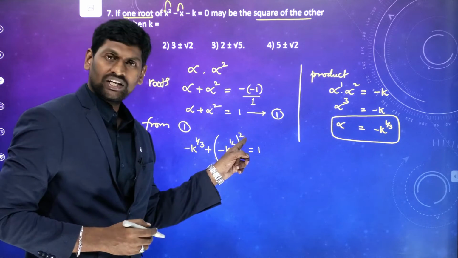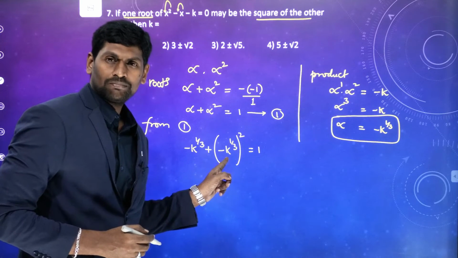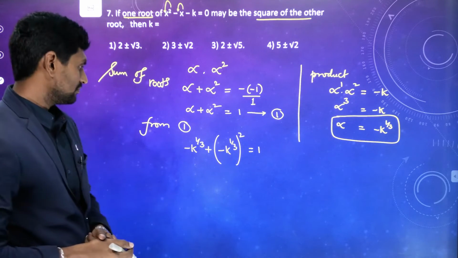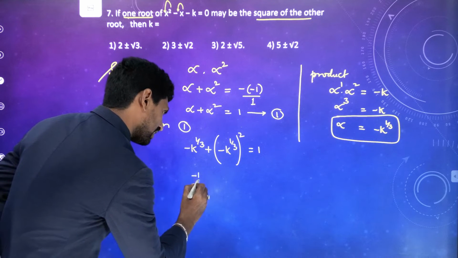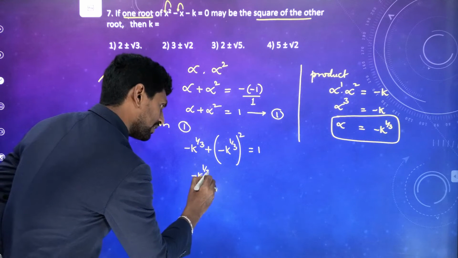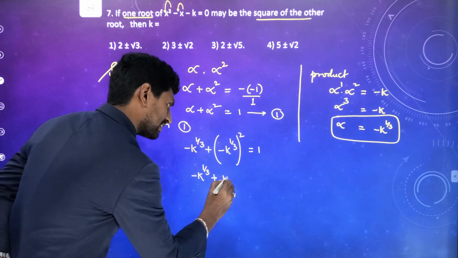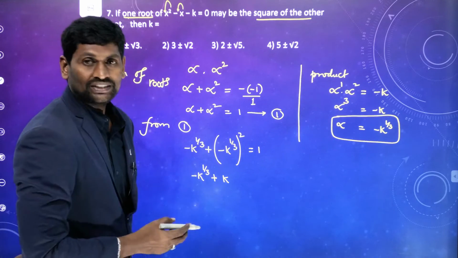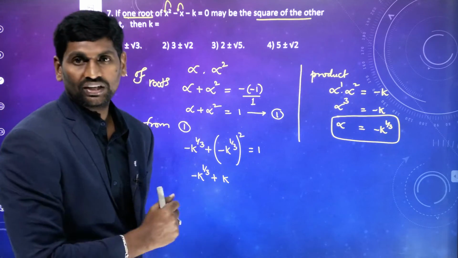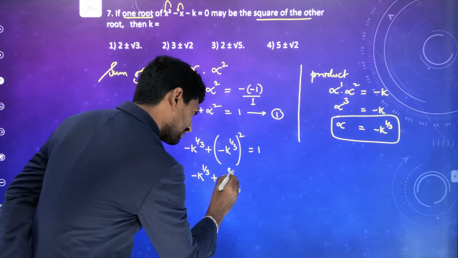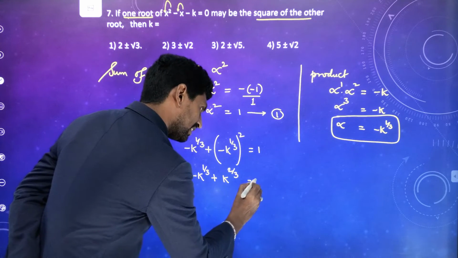When you apply the square here, this negative symbol becomes the positive symbol. So you can write minus k power 1 by 3 plus k power 1 by 3 power 2. A power m whole power n formula, a power m into n. So we can write it is 2 by 3, equal to 1.